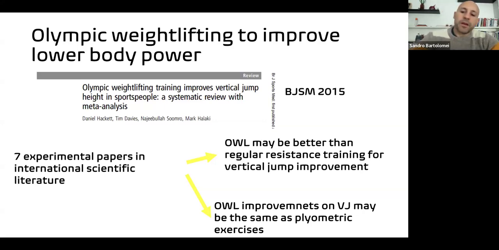So the question was, may Olympic weightlifting exercises be better than regular resistance training for vertical jump improvement? May the improvement of Olympic weightlifting on vertical jump be the same as plyometric exercises? Those were the questions before the review, and the review tried to respond to that.